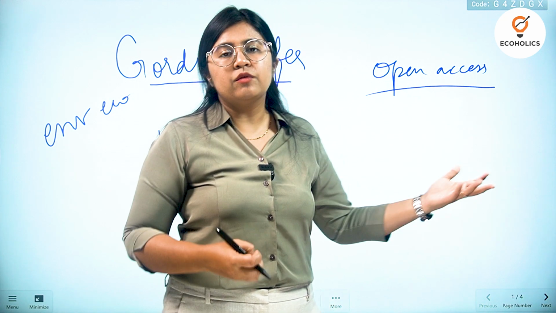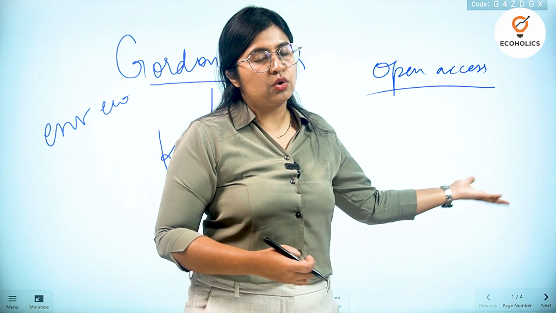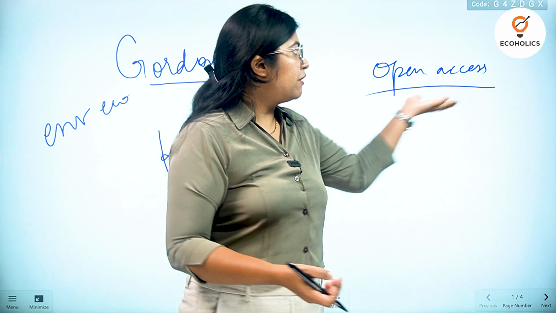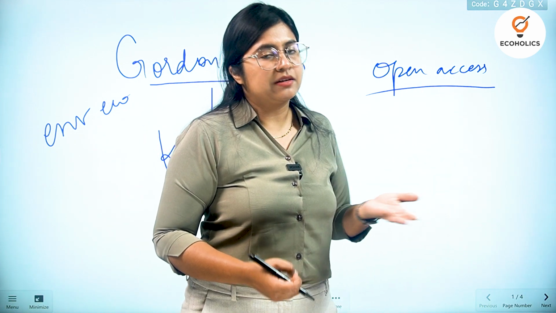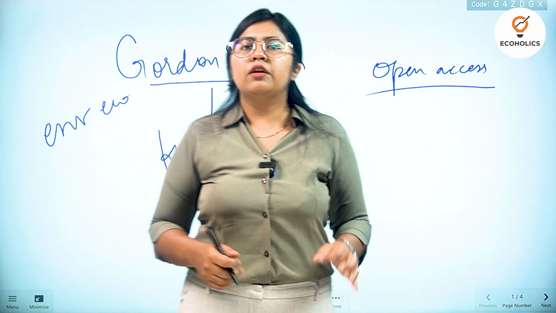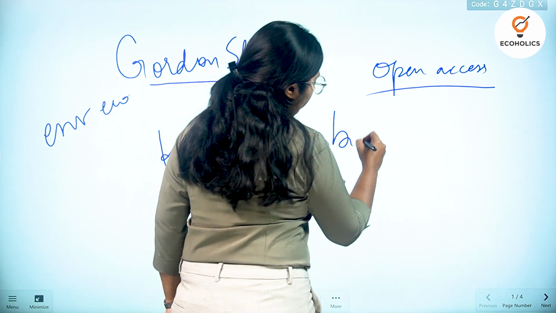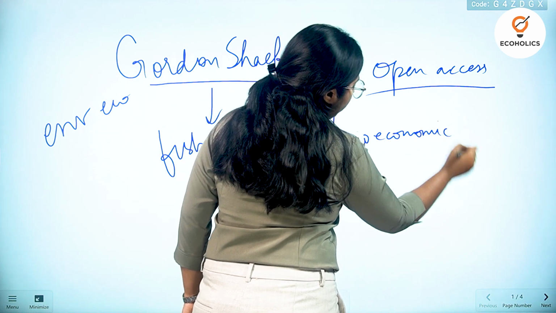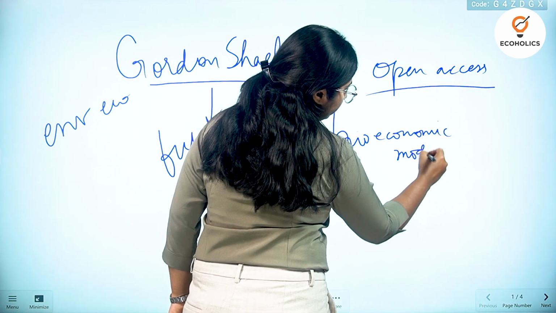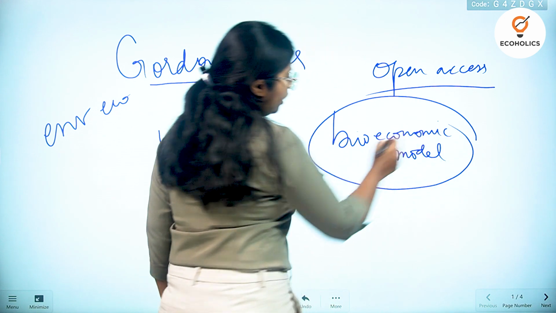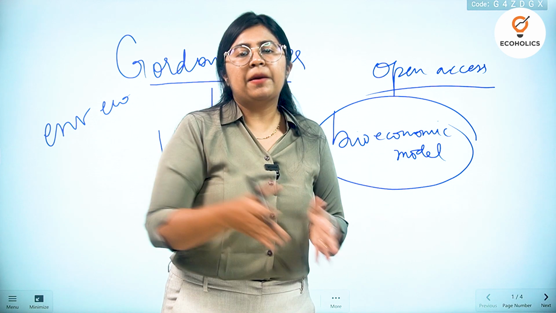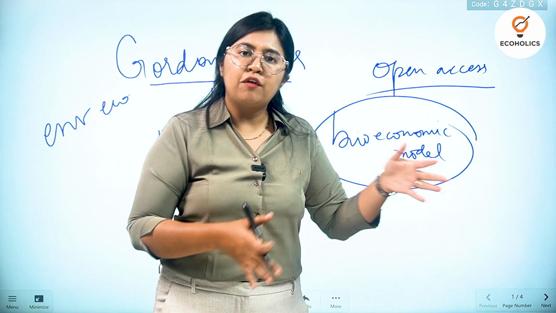The unlimited ways in which an open access resource can be utilized and exhausted is a fundamental aspect of an open access resource. Now, this model is a bioeconomic model which takes into consideration the carrying capacity of the planet for the fisheries.